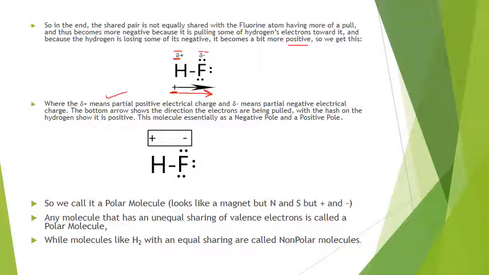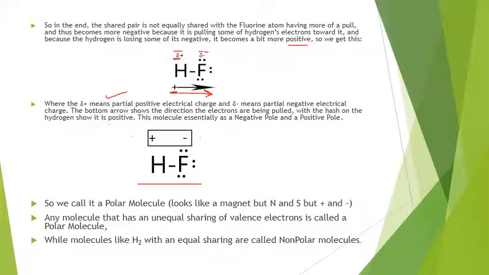Another way you can draw it is like a magnet, but it's not magnetic. These are electrical. It has a negative pole and a positive electrical pole. So this side is the negative electric side, and this is the positive electrical side. Because of this, it has a positive pole and a negative pole, so we call this molecule a polar molecule.